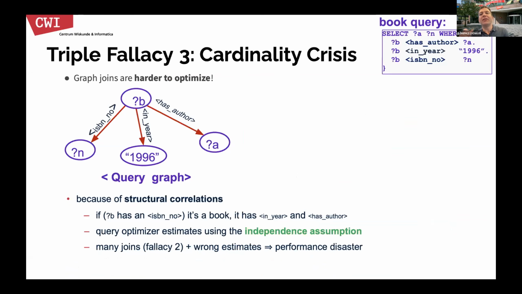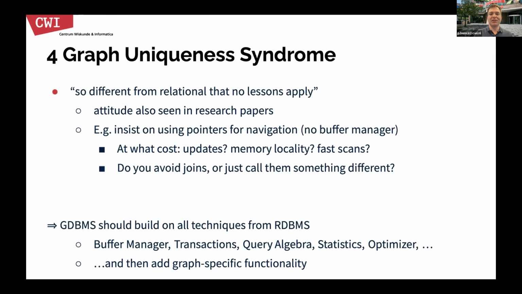So then it's almost a certainty that there's also an author triple and a year triple. But a query optimizer would make the independence assumption and get very, very bad intermediate result cardinality estimates. And therefore, with the two things combined, you have a way, way bigger query optimization space, and you have very bad estimates, and that results in performance disaster.